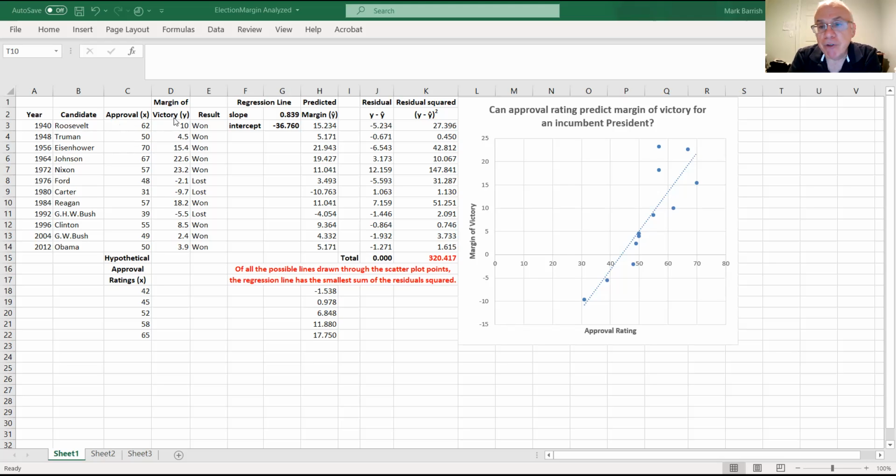And D is the margin of victory of the actual election. Now, if it's positive, it means you won. If it's negative, it means you lost. And so 10 here represents 10 percentage point margin of victory. For example, if Roosevelt got 52% of the vote and his opponent got 42%, and 52 minus 42 is 10%, that would have been his margin of victory.